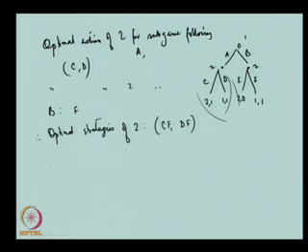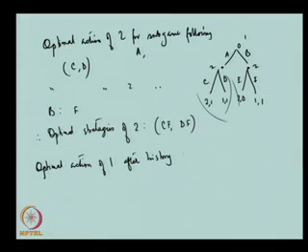Now we go backward and find out the optimal action or actions of 1 after history 5.